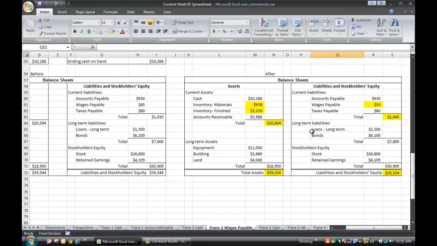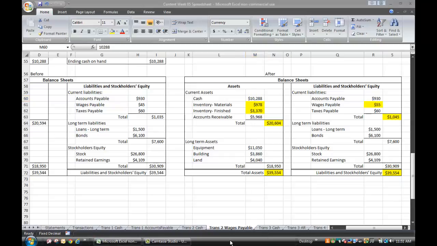So now this here totals to 39,554, the same as this one, which is we have $10 more in liabilities and $10 more in assets. That comes from the difference between the raw materials and essentially the labor. And that is the second transaction.